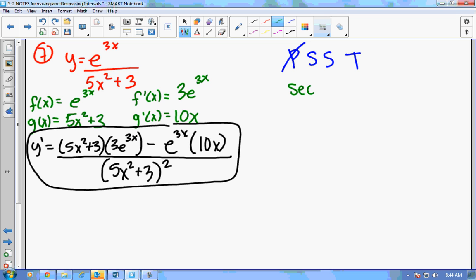Secant, I have it over here on the board. Secant, tangent. So if you want the derivative of the secant, it is secant times tangent. If you want the derivative of the tangent, it is secant squared. See the arrows? Okay, then we have cosecant and cotangent. It does the same thing.